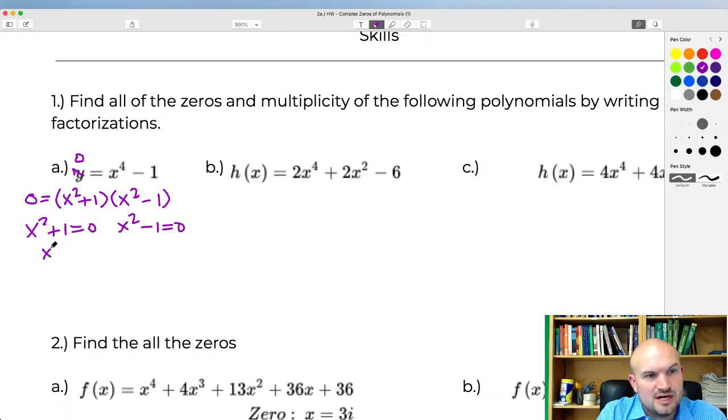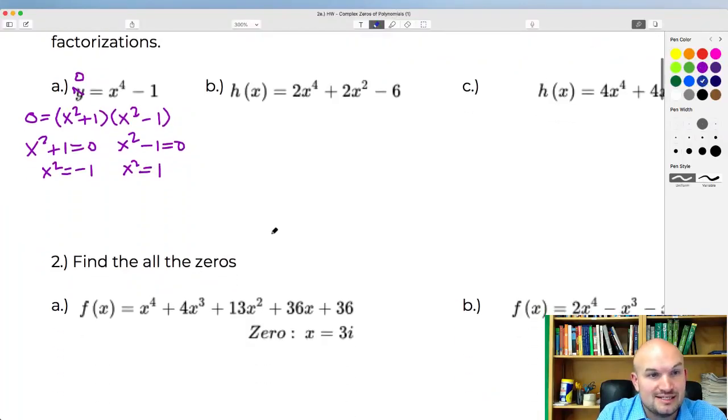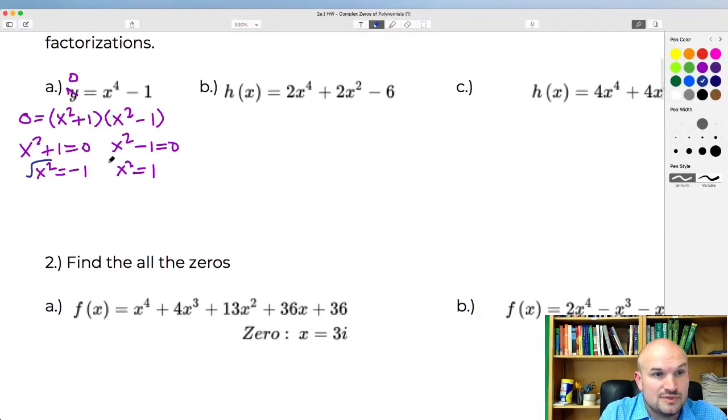And therefore, when I go and solve, I get x squared is equal to -1 and x squared is equal to +1. Now, to undo the squaring, I need to obviously take the square root, right? So we're going to square root both sides. And for the positive one, we're good, right? Just remember when we introduce the square root, we have to include plus or minus 1.